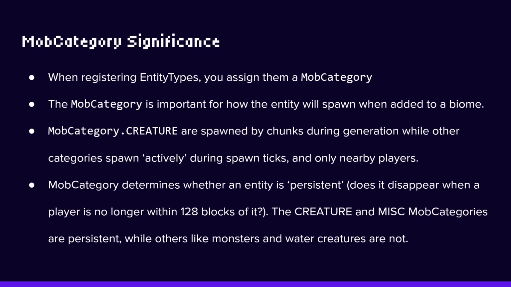The mob category also determines if an entity is persistent. Basically, does it despawn when you're no longer within 128 blocks of it? Nothing is persistent except the creature and misc mob categories. Misc is very rare, so creature is basically the persistent category. Everything else can despawn when you exit its range. So all the fish, all the zombies, you leave 128 blocks of their chunk, gone.